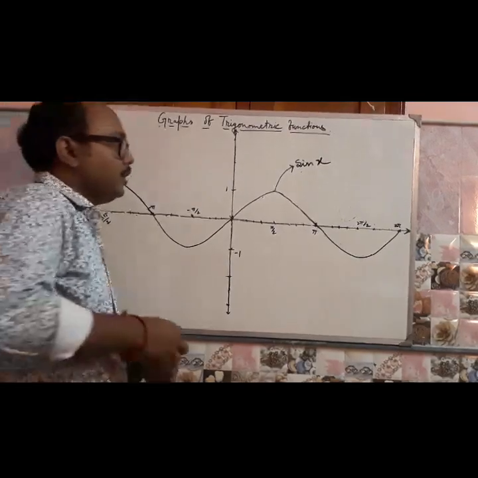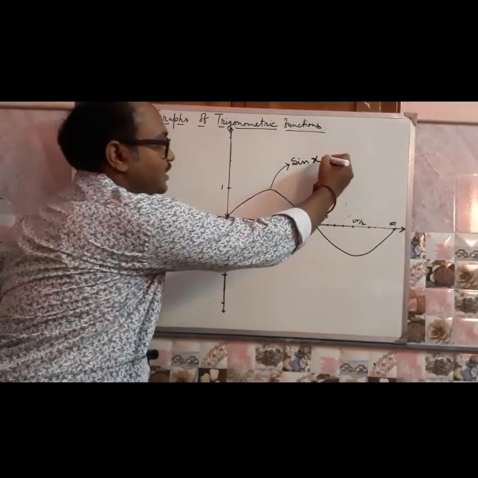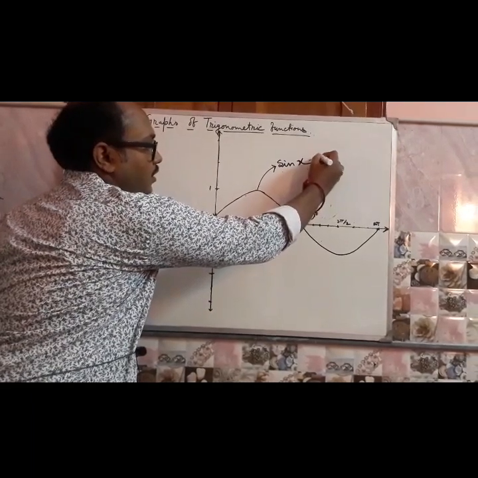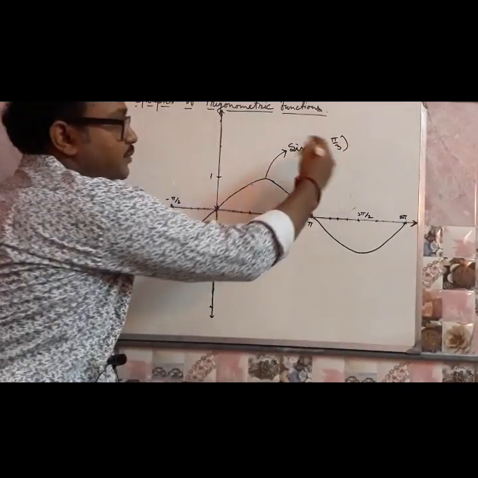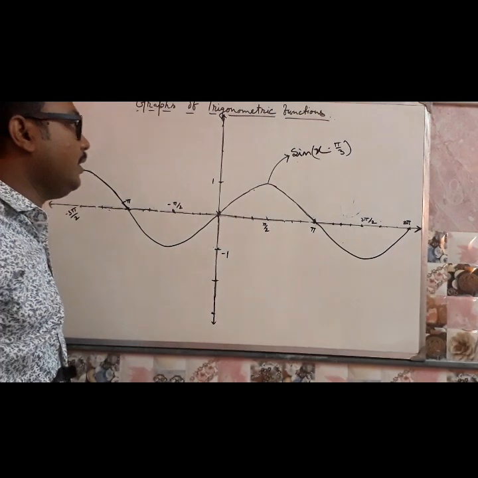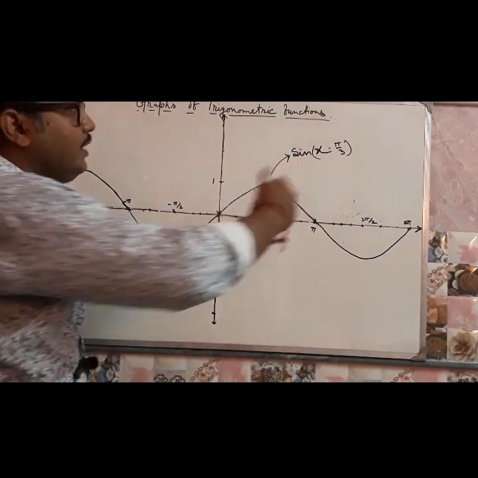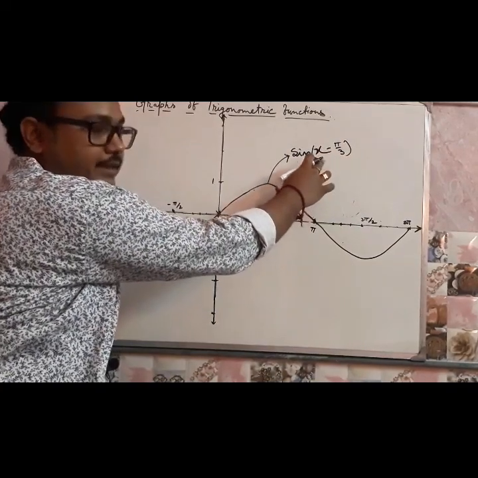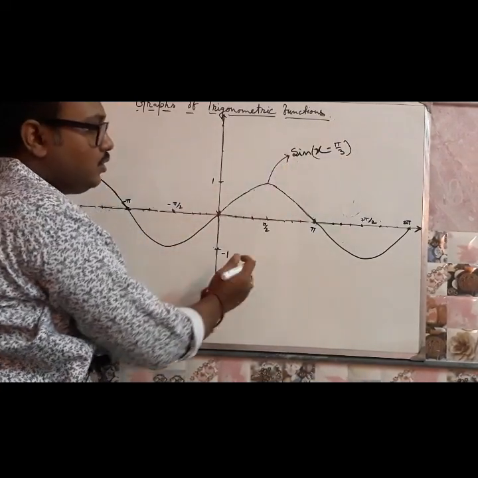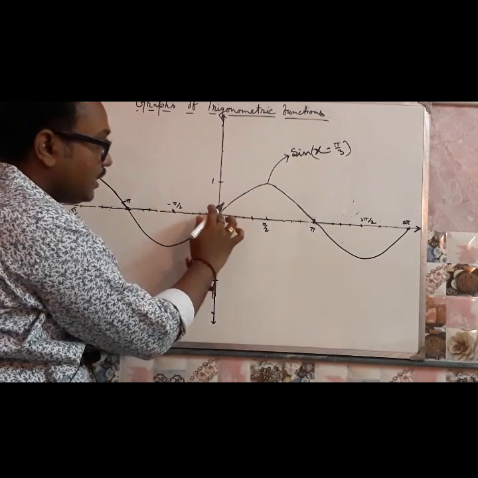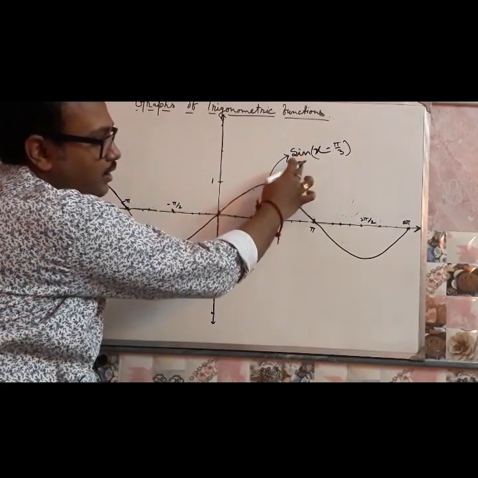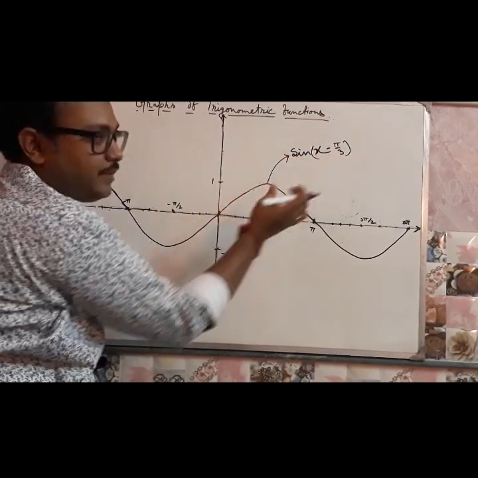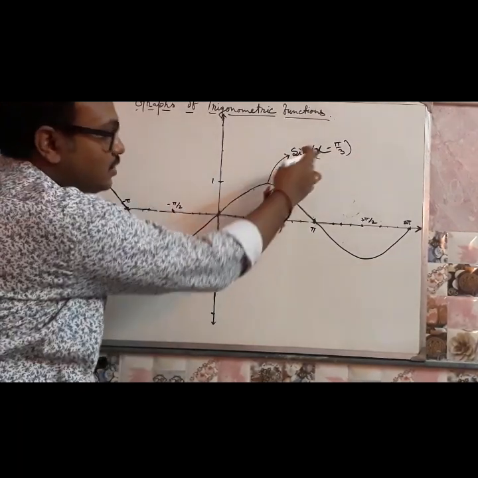The graph of suppose sin x minus pi by 3. If any constant term is added or subtracted from the angle x, then what will happen? X minus pi by 3. That means if x is equal to pi by 3, then it becomes 0. That means the value of sin x minus pi by 3 will be 0 when x is equal to pi by 3.